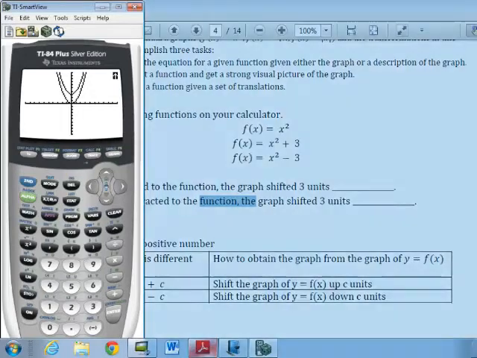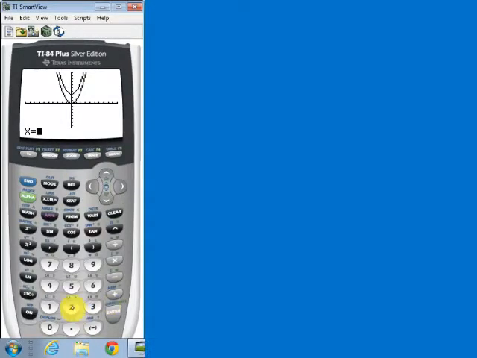If we evaluate this at a particular number, maybe 2, on the first graph, the y-coordinate is 4. But if we look at the corresponding point on the other graph, the y-coordinate is 7. So every point just gets 3 added to its y-coordinate, goes 3 units up.